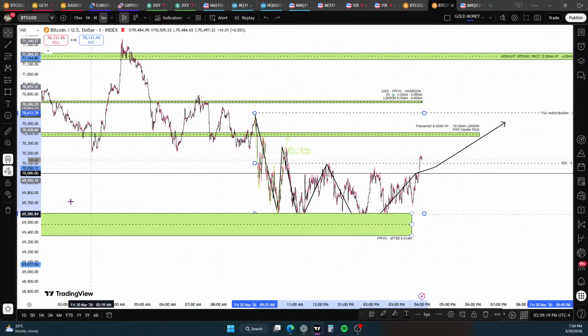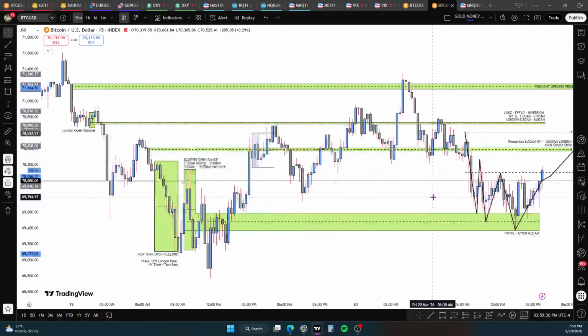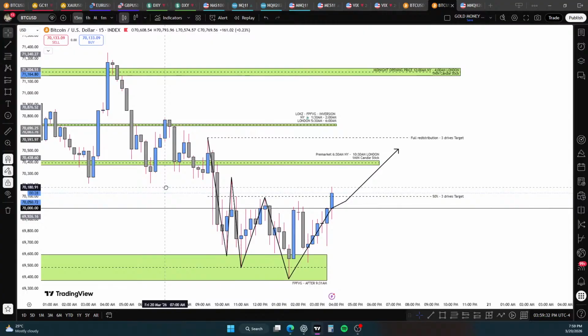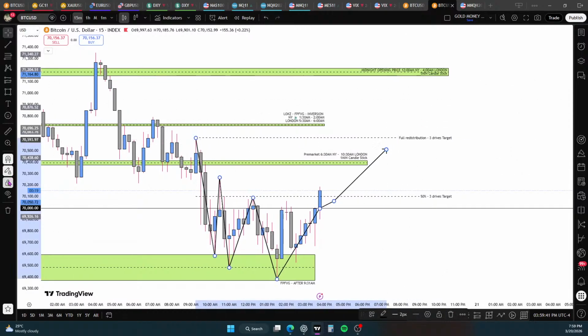We've already hit the 50% retracement target of the three drives pattern on the 15-minute time frame. Okay, so now what we would be waiting for ideally is the full redistribution to be hit coincidentally shortly afterwards.